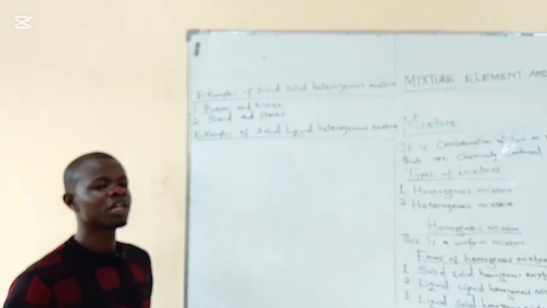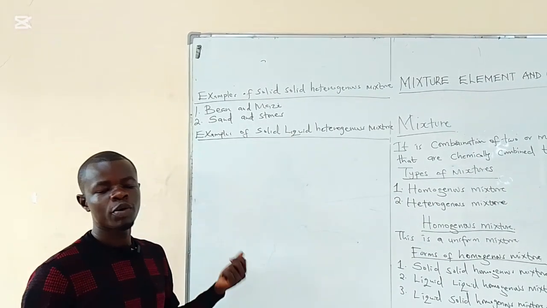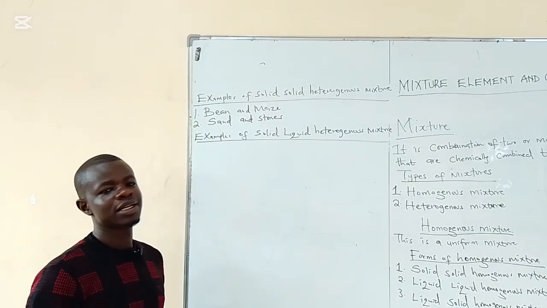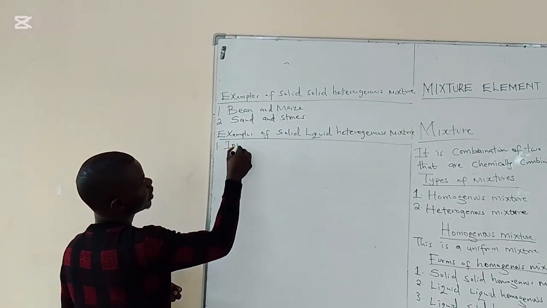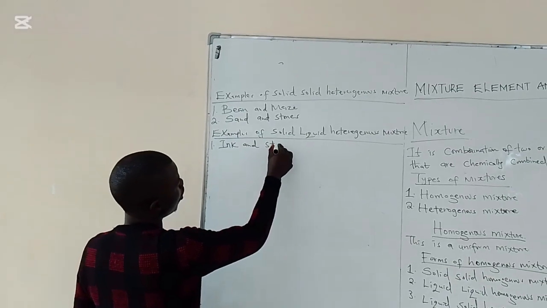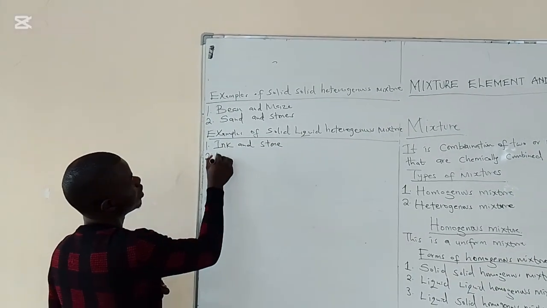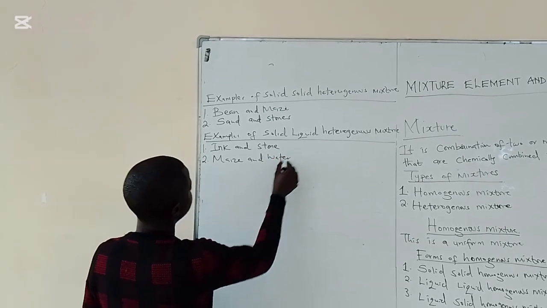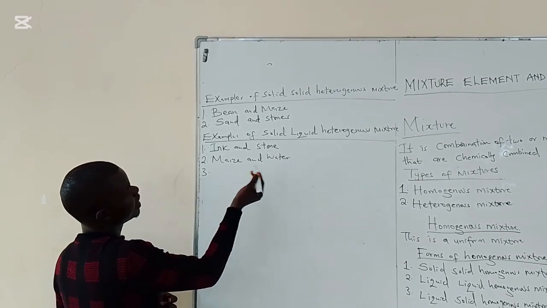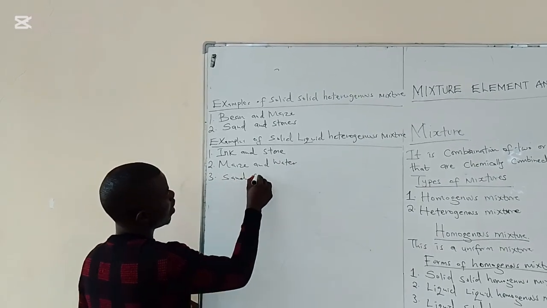You can talk of juice and stone. You can talk of ink and stone, and so on. So one, ink and stone. 2, maize and water. 3, maybe sand and water.